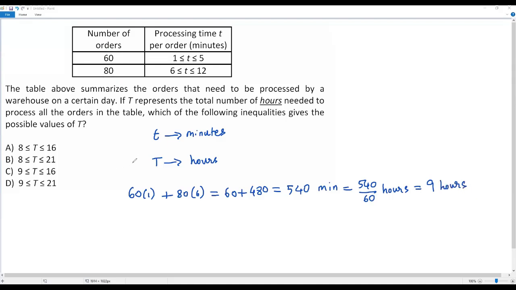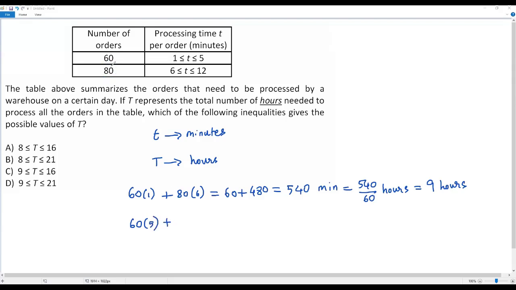The same thing we have to do to get the total maximum time in hours. For that, let's consider the maximum time per order for the first 60 orders, which is 5. So we have to find the total maximum time for all the 60 orders. For that, we multiply 60, the number of orders, by the maximum time per order, that is 5 minutes. Now let's find the total maximum time for the next 80 orders.